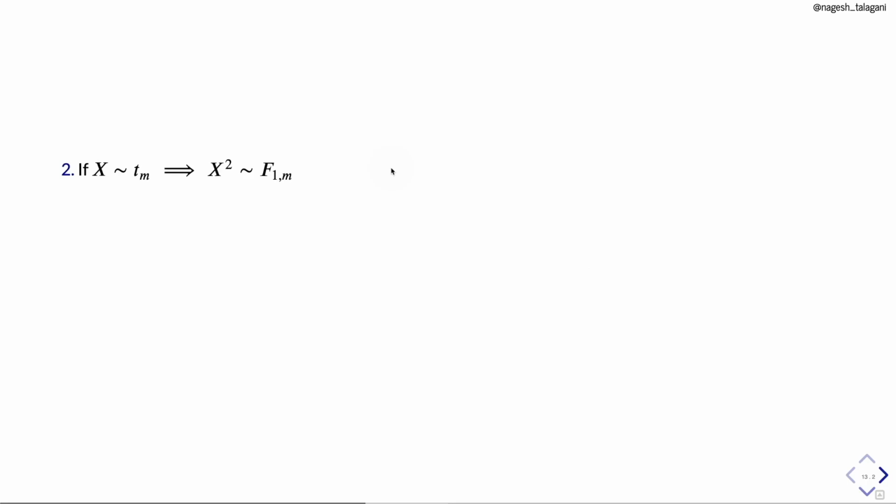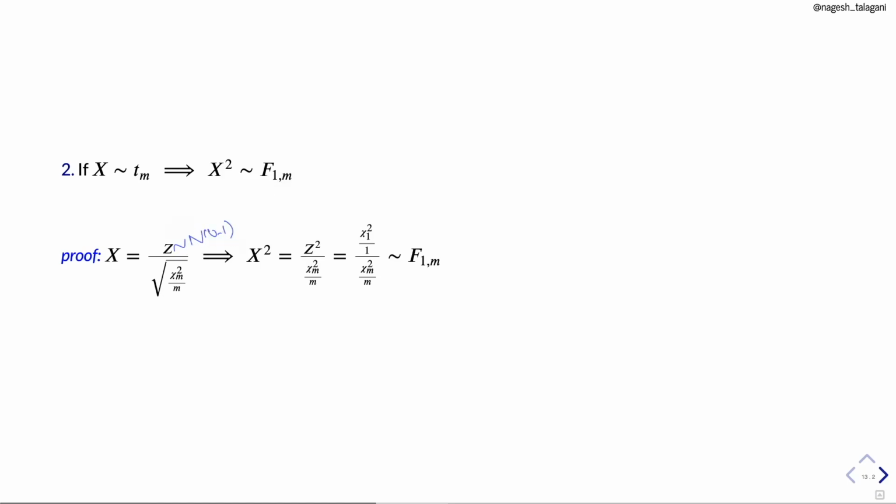Note 2: if X follows the t distribution with m degrees of freedom, then X squared follows the F distribution with 1 and m degrees of freedom. The proof is easy. First of all, X can be expressed like this: Z by the square root of chi-square m by m, where Z is a standard normal random variable.